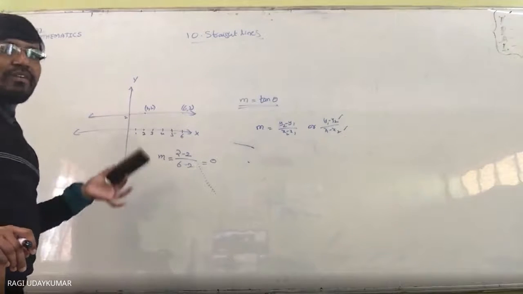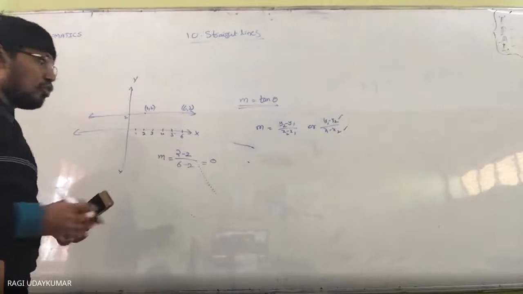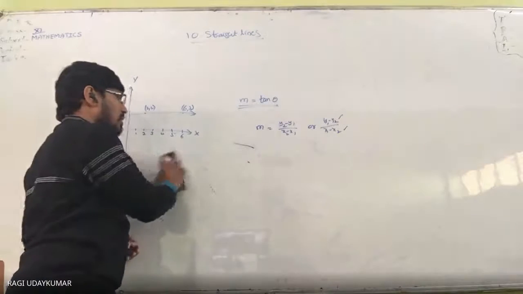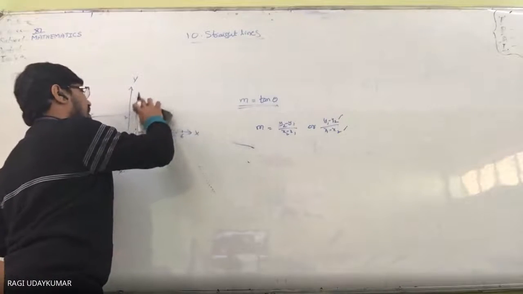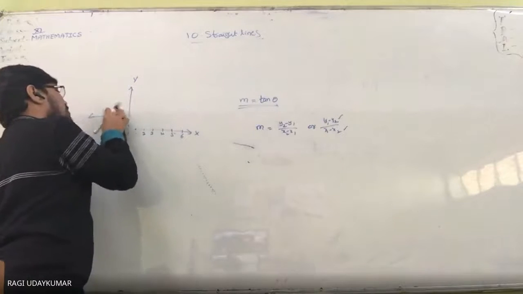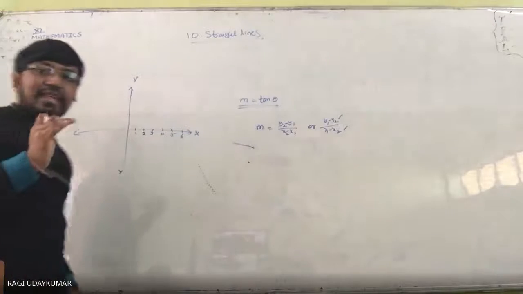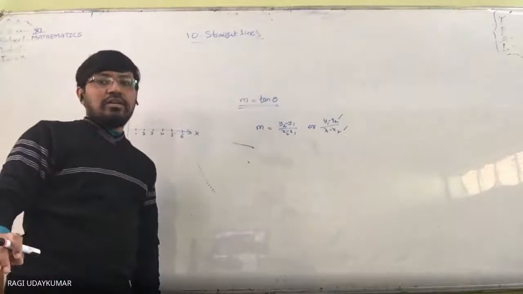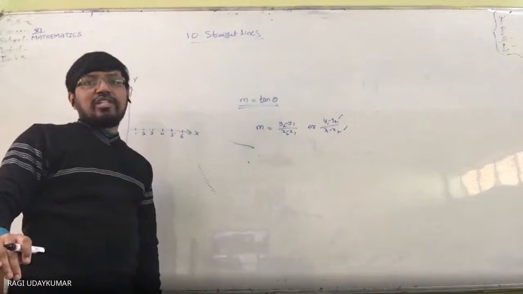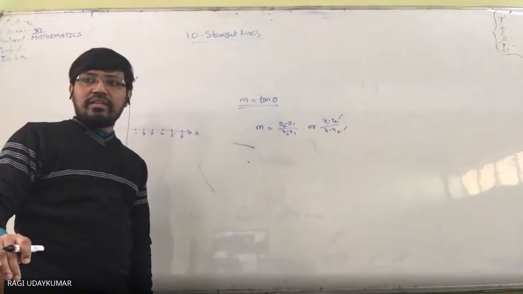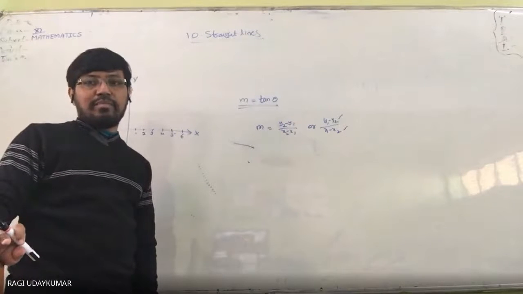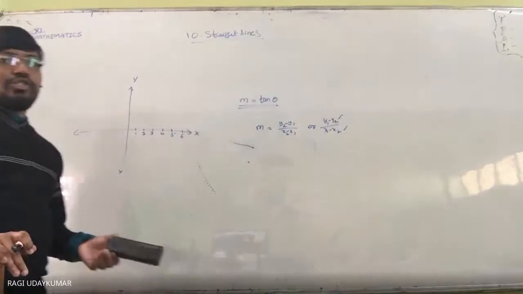Now what about the slope of the y-axis? The slope of the x-axis and of a line parallel to the x-axis is 0. Slope is a number; do remember that. This is the one main point you have to remember. The slope of the x-axis is 0.